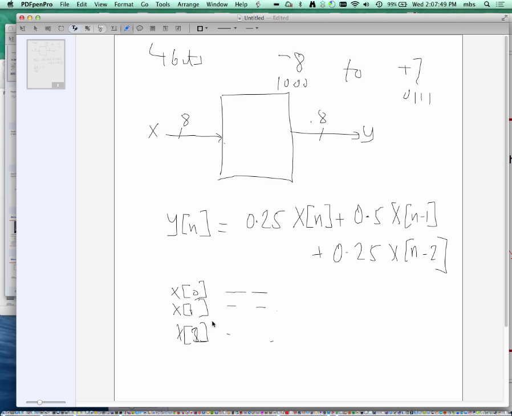If I had any arbitrary number of bits, then 1, 1, 1 weighted in that fashion should result in 0.25 plus 0.5 plus 0.25, which should result in 1. But if individually I were to divide each one of them, so if I take 1 and divide it by 4, multiply by 0.25, and I drop the remainder, I get a 0. Same thing for the next one, same thing for the next one.